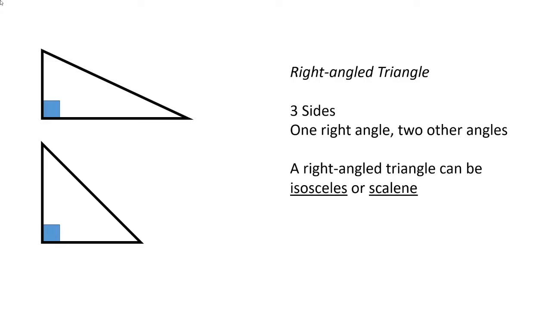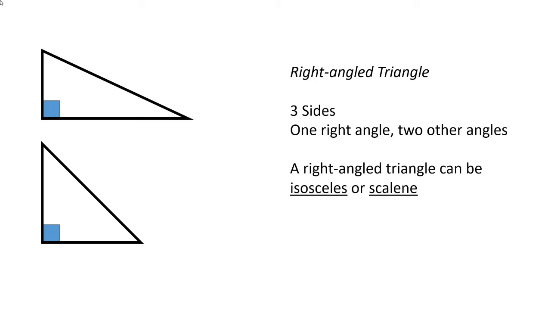Can a right-angled triangle ever be equilateral? Well, no, of course not, because an equilateral triangle has to have 3 angles that are the same, and they have to be 60 degrees each. So a right-angled triangle, not a kind of triangle on its own, but we can have an isosceles triangle that is right-angled and has a right angle in it, or a scalene triangle that has a right angle in it.